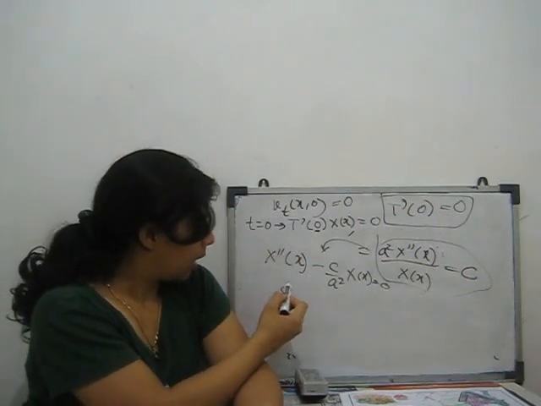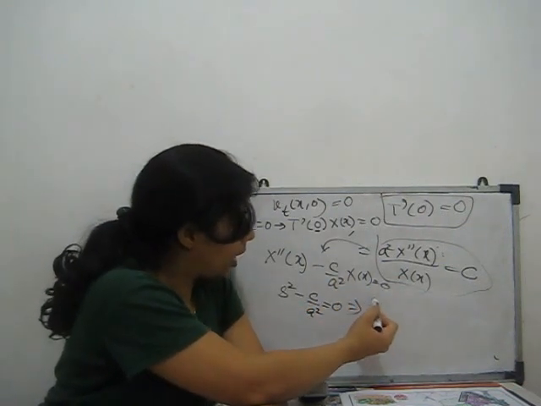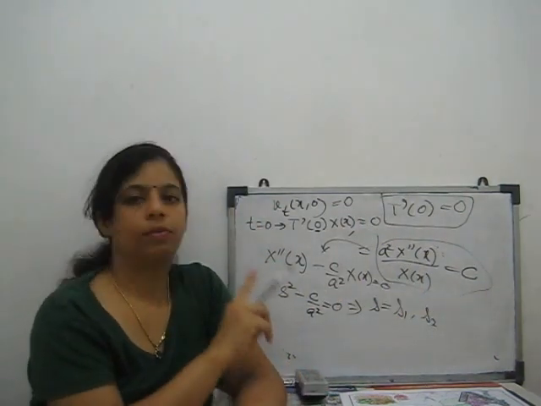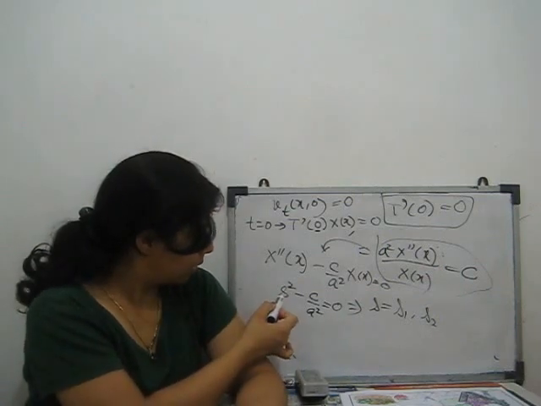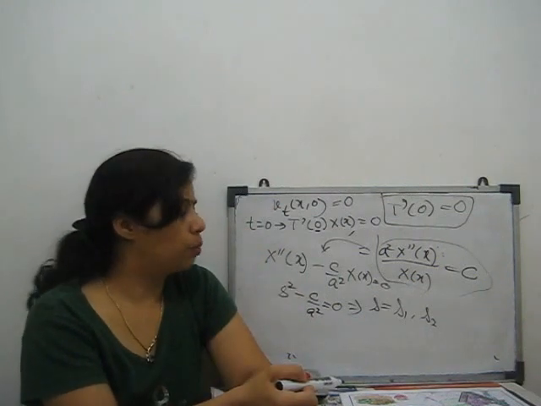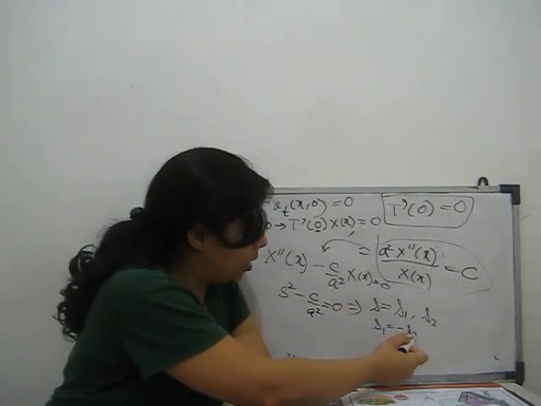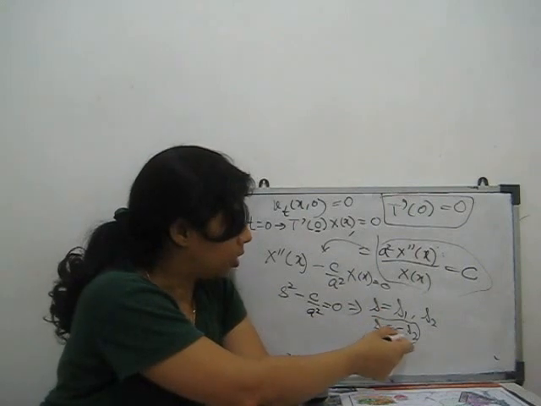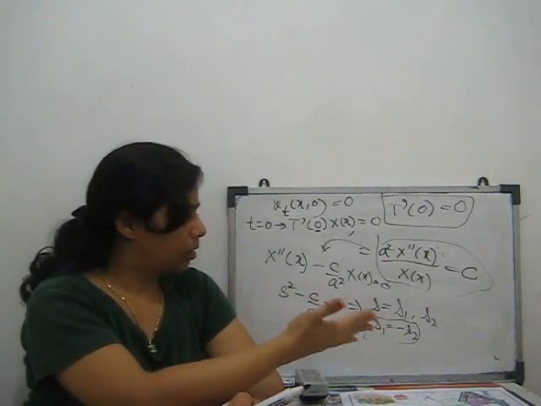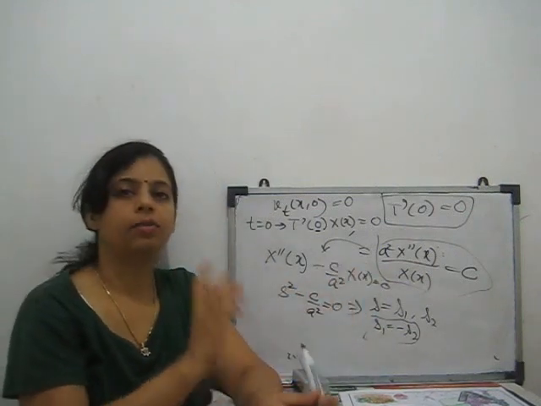If I say this is s square minus c by a square equal to 0, it gives two roots s1 and s2, because s square is equal to c by a square, and the square root means both roots are of opposite sign. s1 and s2 are equal but of opposite sign, same as in the heat equation. So s1 equal to minus s2. Next we will write the solution in terms of the complementary function. Roots are s1 and s2.